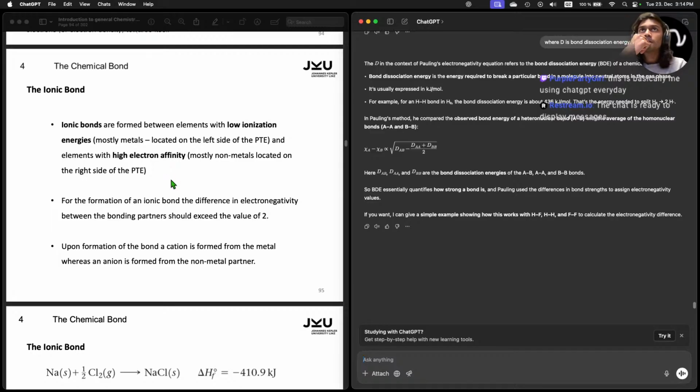Located on the left side of the periodic table. Left to right, atomic radius decreases, which means ionization energy increases.